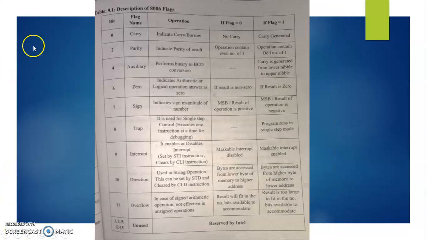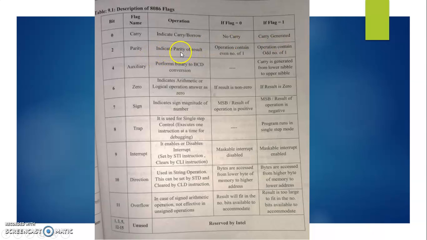Next is the description of the 8086 flags. Here you can see the bits 0, 2, 4, 6 used for the flags. The first flag is carry. Carry indicates a carry or borrow: 0 means no carry, 1 means carry generated.